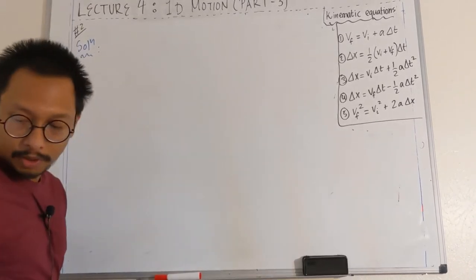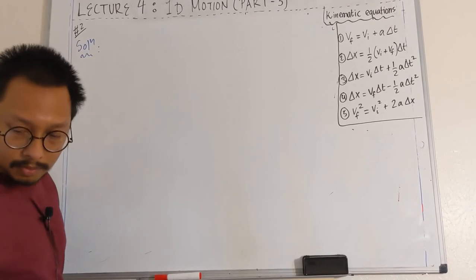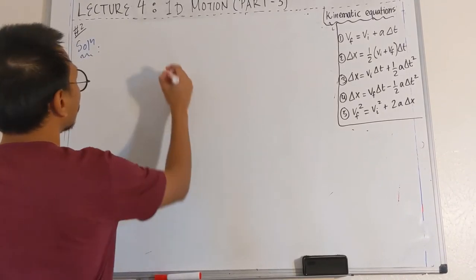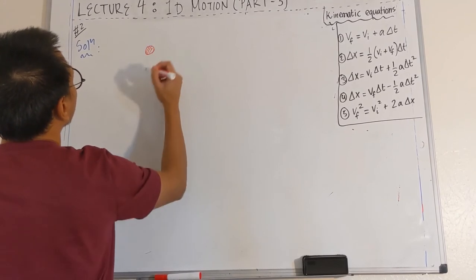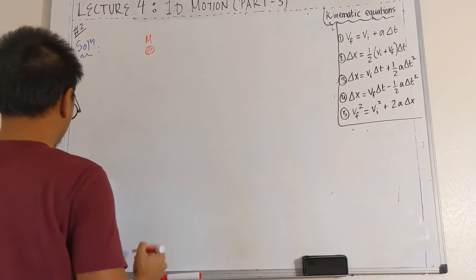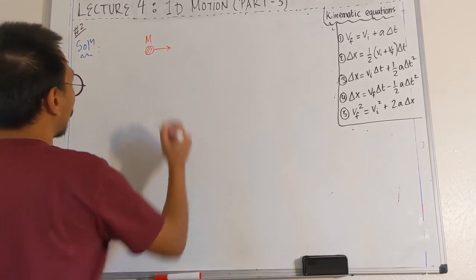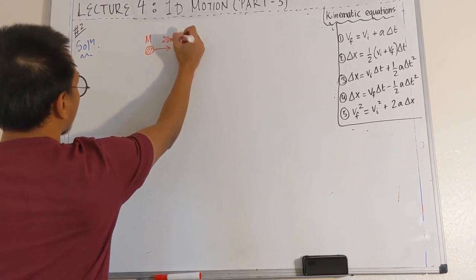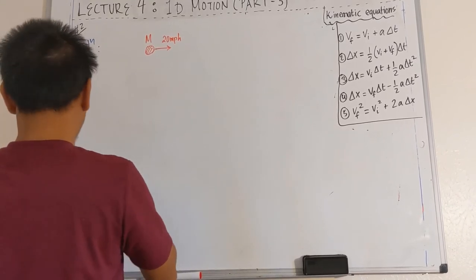So anything in red was Messi. Let's use red for Messi. Messi is here, M, and he's running or dribbling at 20 miles an hour, pretty fast, but he is one of the best ever.